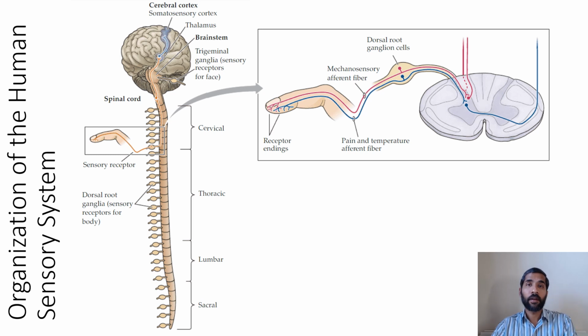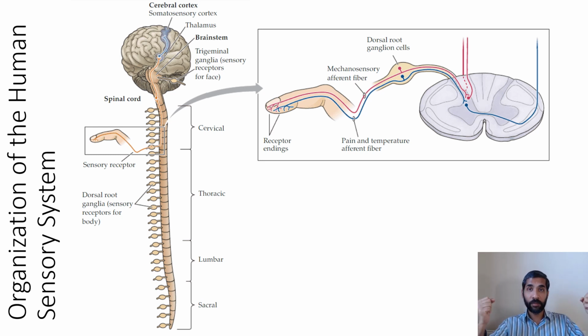So, how is the sensory system of our body organized? Now, the nervous system can also be divided into two parts. So we divided earlier into the central and the peripheral nervous system, but you could also divide the nervous system in terms of the sensory system and the motor system, right? The sensory system is the part of the nervous system that gets sensations from various places in our body to our brain.